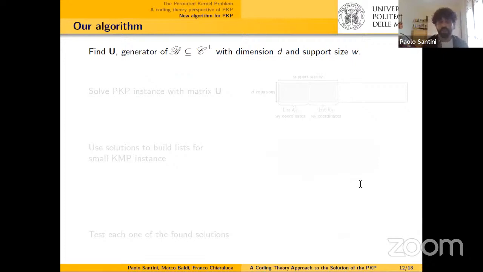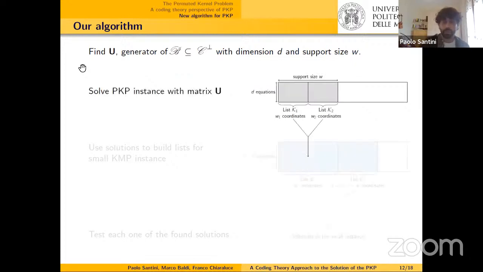The second ingredient is how we use such subcodes. So in this slide, I will describe our idea. We start by finding U, that is the generator for a subcode with dimension D and support size W. And then we use this matrix as the matrix defining an initial PKP instance.